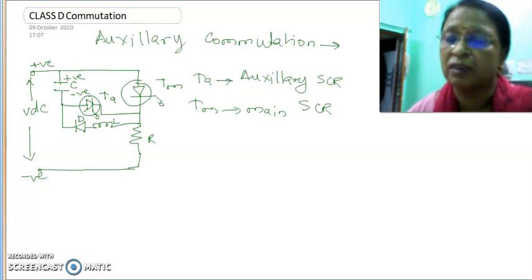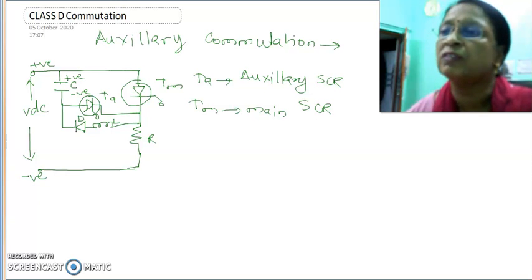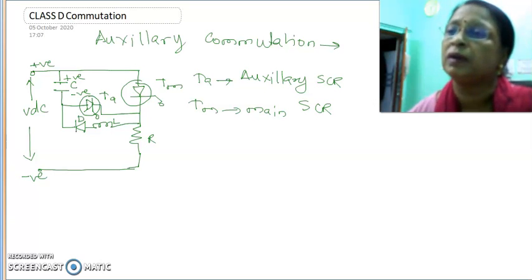After C is completely discharged, what will happen? Its polarity will be reversed. The meaning of this is that the upper plate which was positive will become negative, and the lower plate which was negative will become positive.